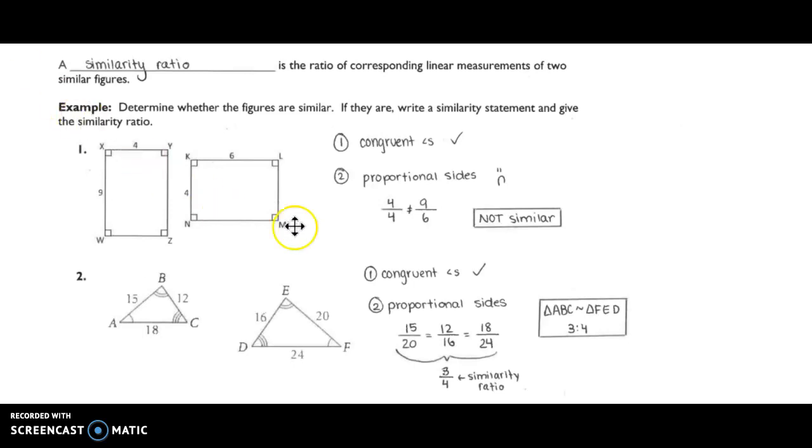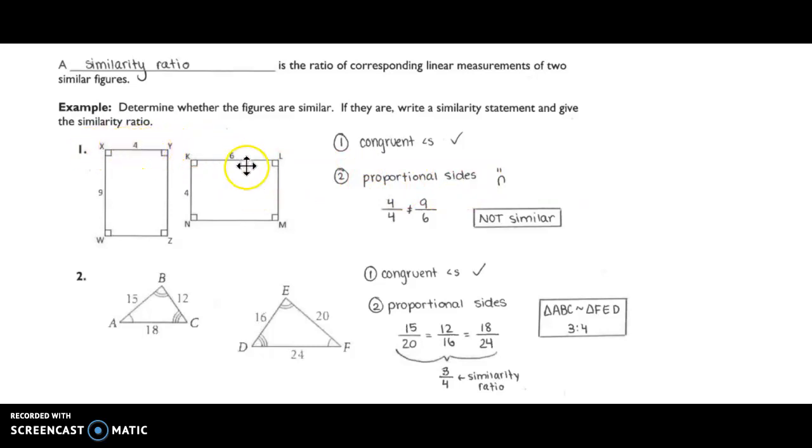Okay. A similarity ratio is the ratio of corresponding linear measurements of two similar figures, right? So here in this example 1, all of the corresponding angles are congruent, right? Obviously XYWZ is more vertically oriented, and KLMN is horizontally oriented, and so you got to make sure that you match up the correct sides, right?